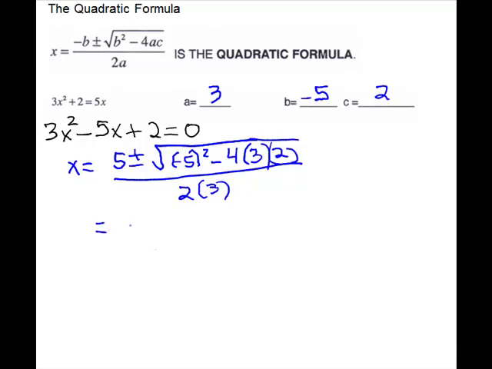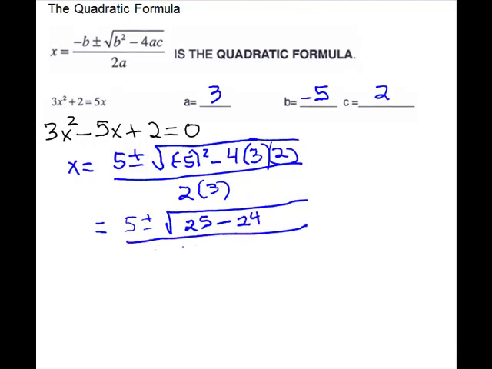Clean up. So we have 5 plus or minus 25 minus 4 times 3 is 12 times 2 is 24 over 6.